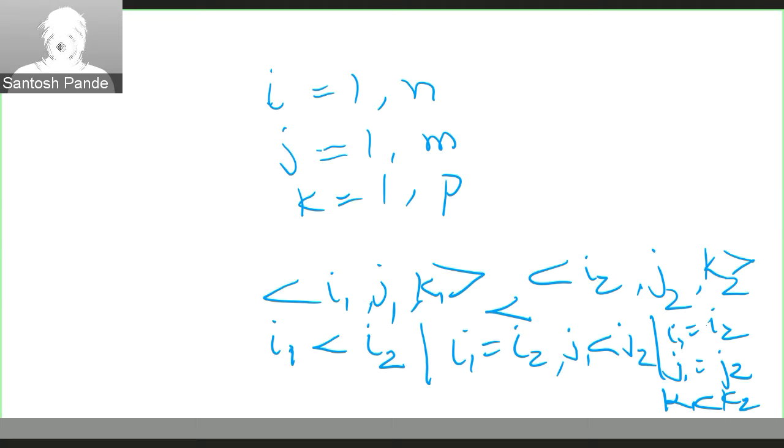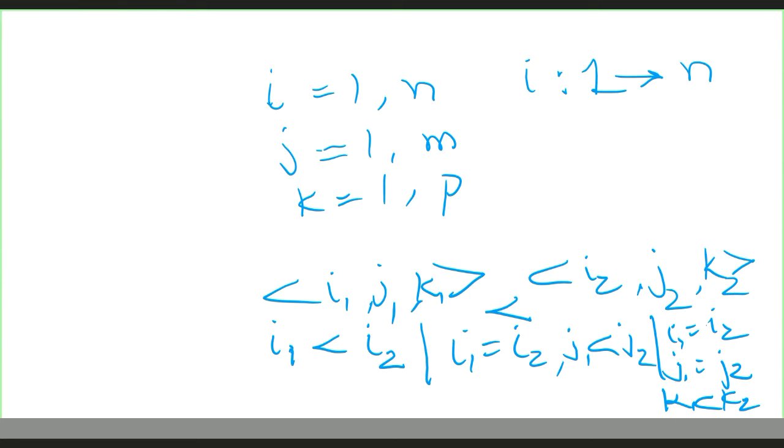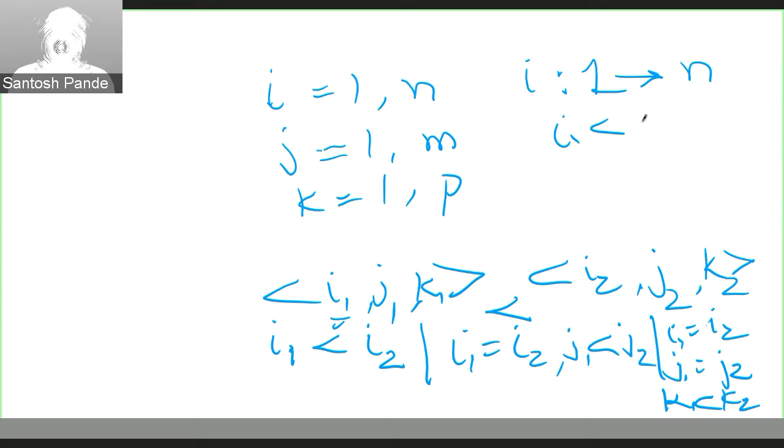So what it is showing is, as you can imagine, this I iteration space is first traversed in a particular way, 1 through n, right? So if the iteration vector I1 has a component, the first component, which corresponds to the outermost loop, that is less than I2, then obviously the I1 iteration occurs first.